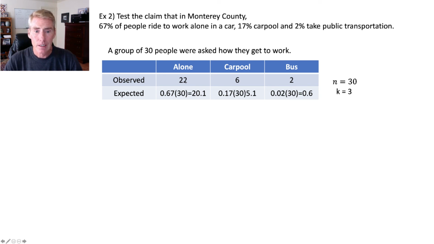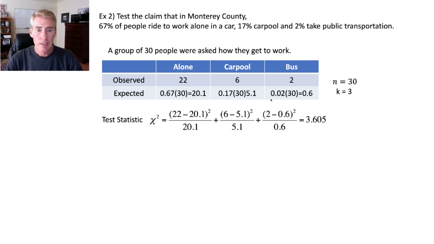And if you look, these numbers, they're not too bad. They're sort of close to each other. So what's going to happen? So again, it's going to be the observed minus the expected, square that, and then divide by the expected. Hey, where's my fancy arrows? Oh, there they are. So the 5.1 goes right there, the 0.6 goes right there, and again, just type that into a calculator and get 3.605.